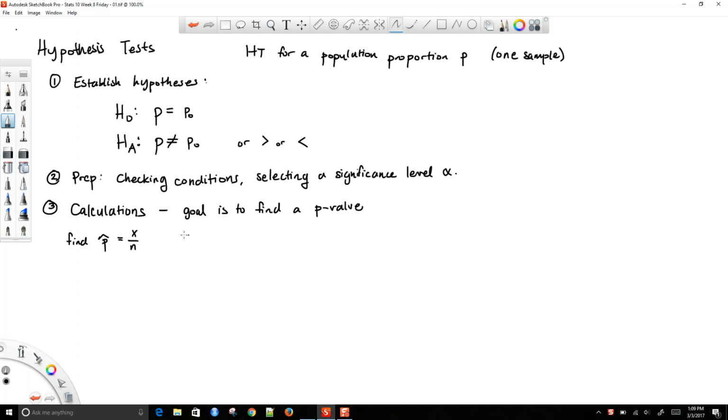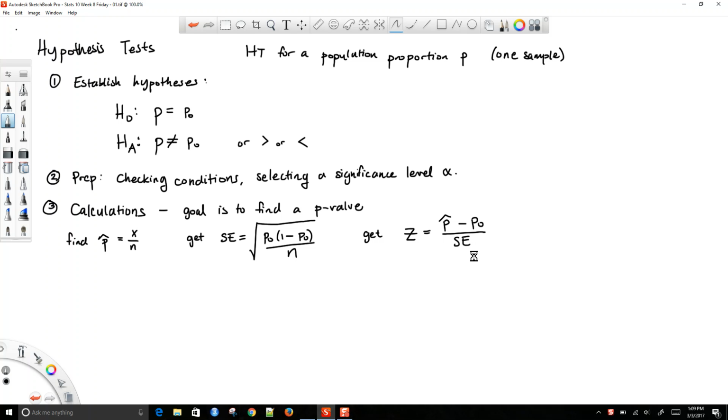Once you find your p hat, you're going to get the standard error. The standard error is given by the formula square root of P0 times 1 minus P0 divided by n. And then you get your z-score, which is going to be p hat minus P0 divided by the standard error.